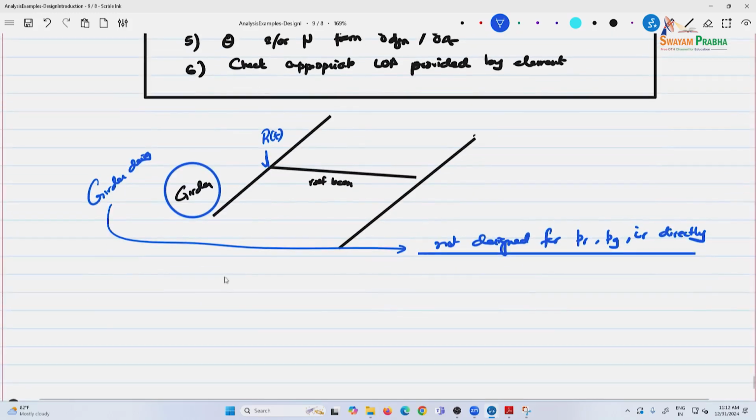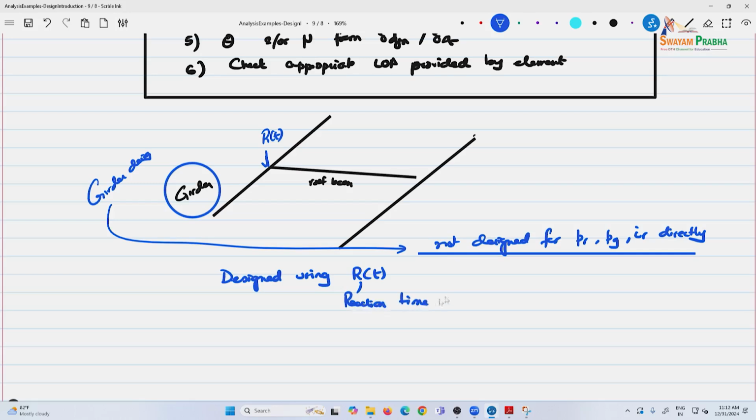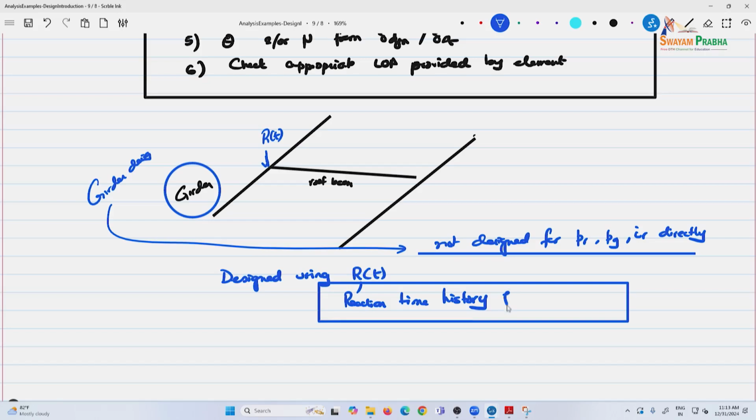They are designed using the reaction time history, just like the force from nonlinear, let's say.